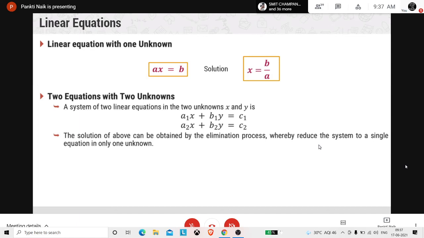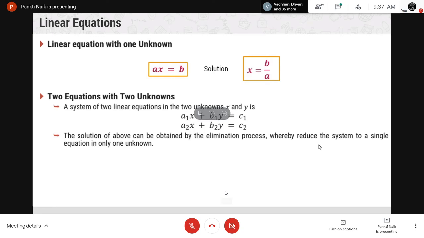Then explain linear inequality, right? Types of relation, where we discuss reflexive and transitive, right?